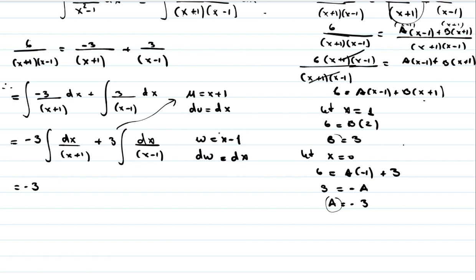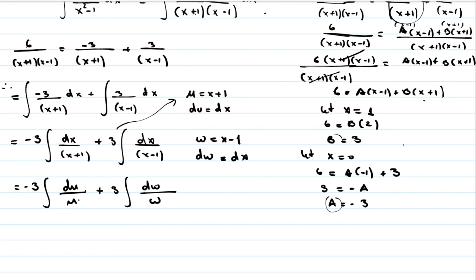Dx, because this basically is the same thing. So this is going to be minus 3. Now here dx is du, so this becomes du, x plus 1 is u, so you have du by u plus 3, and this is going to be what? This is dw and this is w, right?